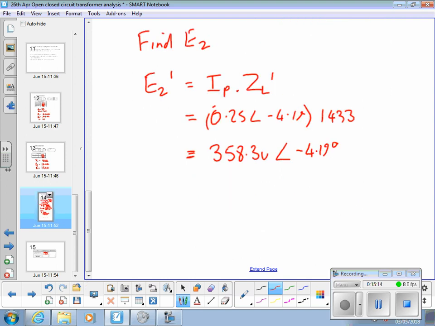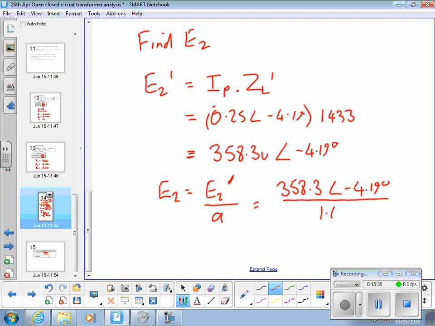And then, so E2 is equal to E2 dash over A. That's 358.3 angle minus 4.19 degrees divided by 1.62, wouldn't it?